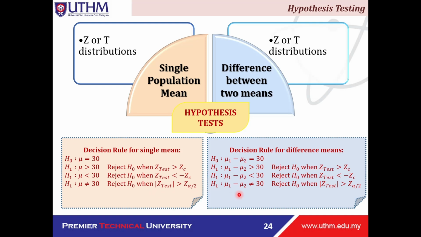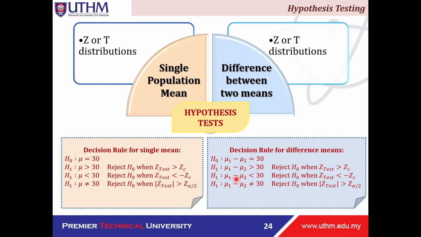Similarly, for hypothesis testing for difference between two means, the alternative hypothesis H1 may be mu1 minus mu2 greater than 30, or mu1 greater than mu2, or mu2 greater than mu1, depending on the claim. If mu1 minus mu2 greater than 30, we reject H null when the Z test is greater than Z critical.